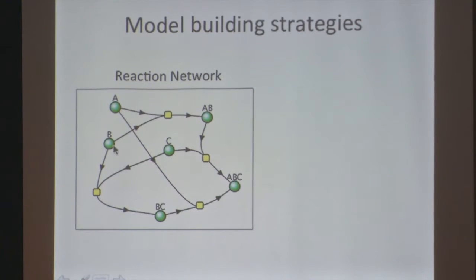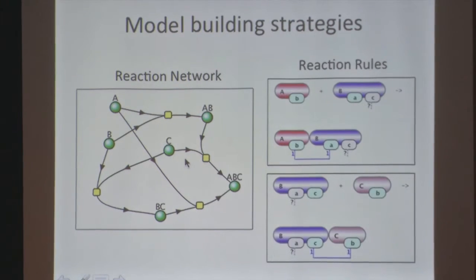But of course, C can also, A can also interact with BC to form ABC. So there are a lot of different ways that you can get to this final product and several different intermediates that you can use. So this is one way of expressing it, and it's fairly nice because, as I said, it visualizes what's going on.